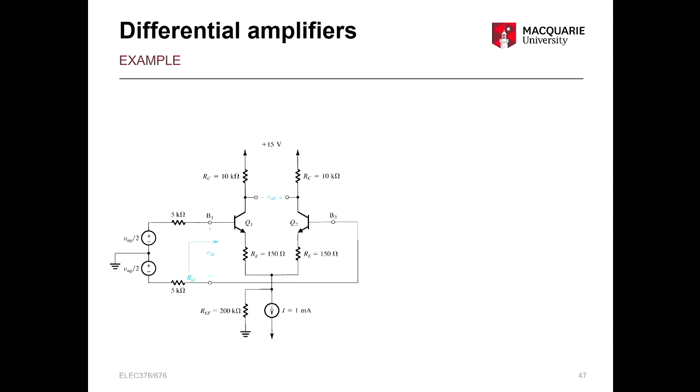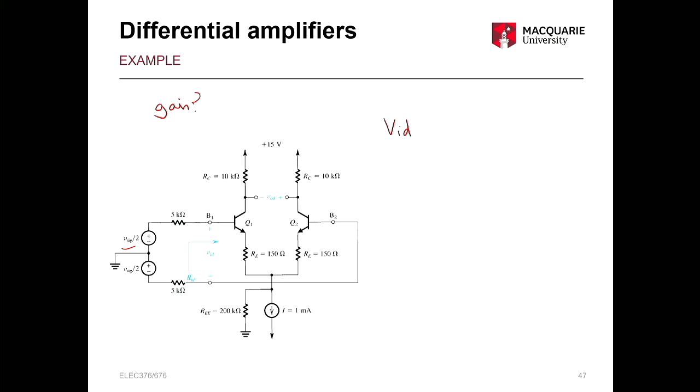Now, what about the gain? What's the gain going to be of this circuit? So now we have a more complicated circuit. We need to work that out in stages. Okay? So from the signal source to the base inputs, there's going to be a certain gain.